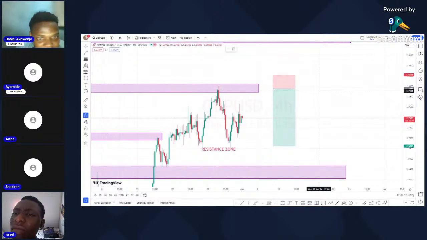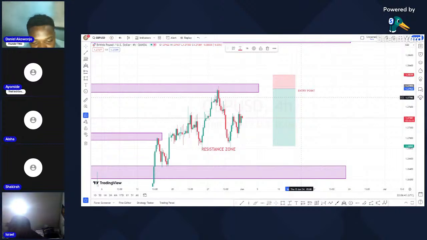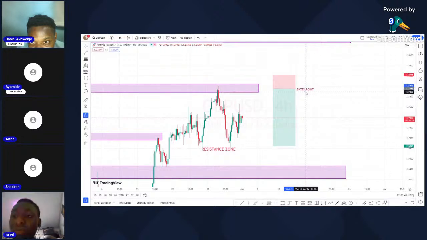Let me make this easy for you guys. Entry point. The tools are working now, because if you want to take your trades yourself, you need to do this. So now, what does this top mean for me?